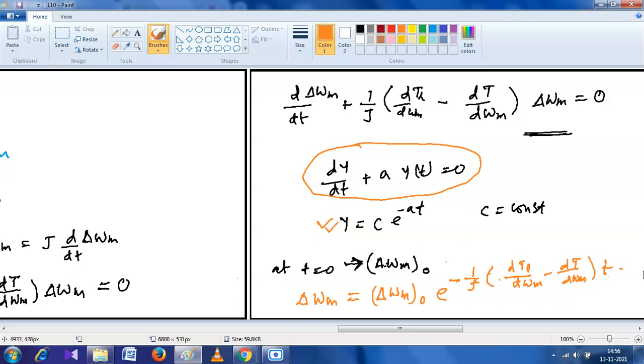Can we write that? Can I actually write that? It is.